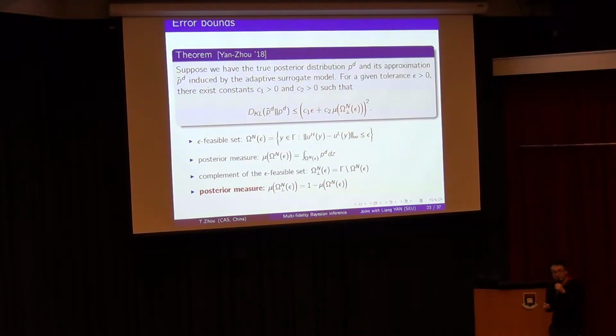This term depends on your method and the computational details, but essentially it can still be controlled by this tolerance. But if you set a very small tolerance, you will need many more forward model simulations. So there's a balance between the tolerance and the accuracy. Anyway, this is just the error bound of the method, not a full convergence analysis, because it's very hard to quantify. Actually, it's an adaptive procedure.